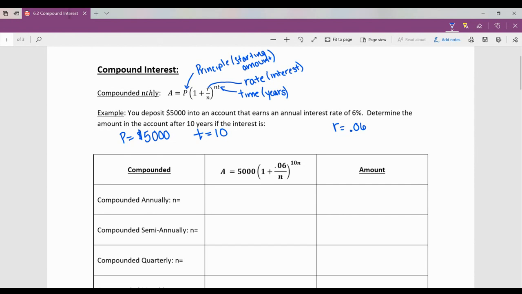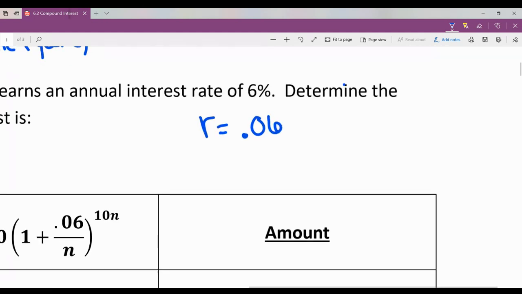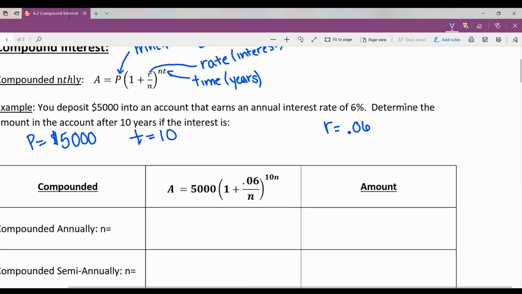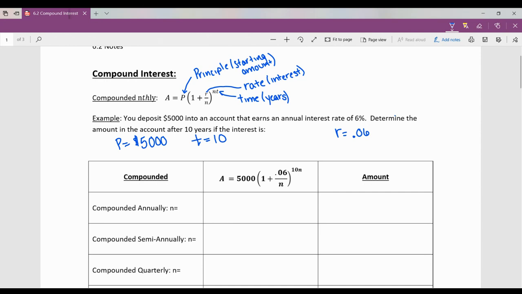Okay, so now n is the only thing left that we haven't talked about. So n is the number of times per year that it'll be compounded.